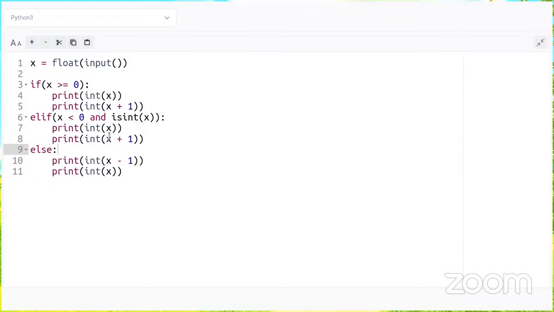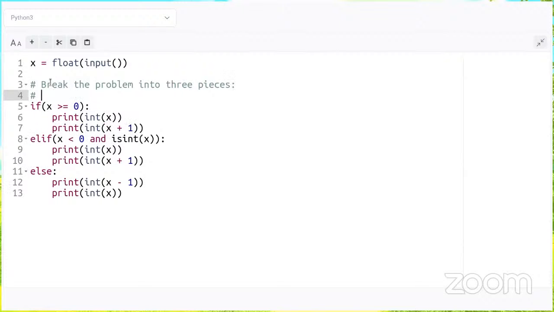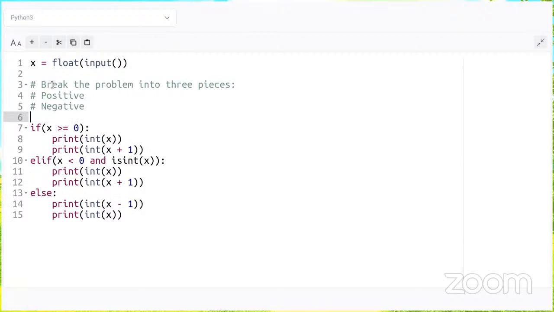Okay, so we'll come to, who's this? Parul. Okay, so we'll look at Parul's code next. But before we move on, the overall logic is correct. So you break the problem into three pieces, right? That's what Manish has done. One when x is positive, one when x is negative, and one when it's an integer.